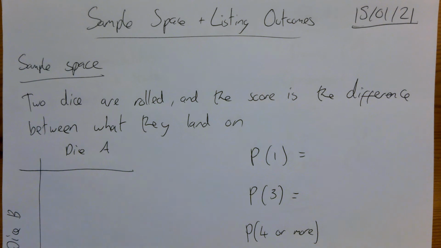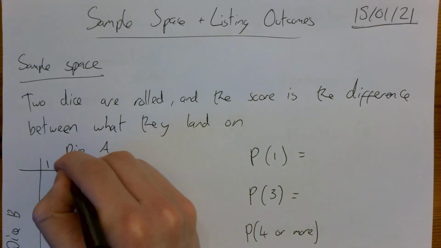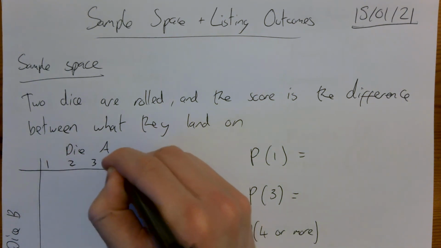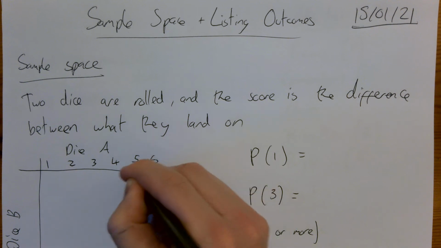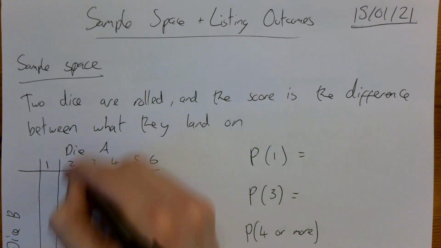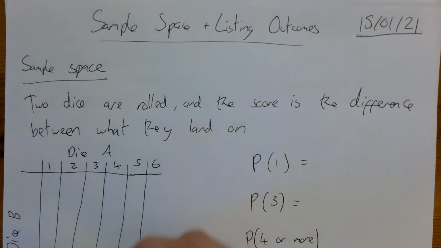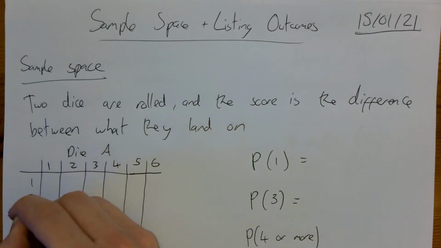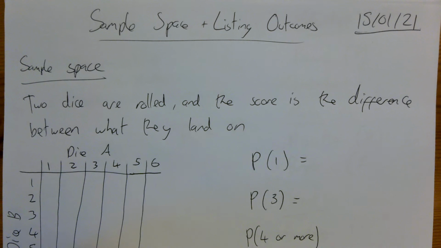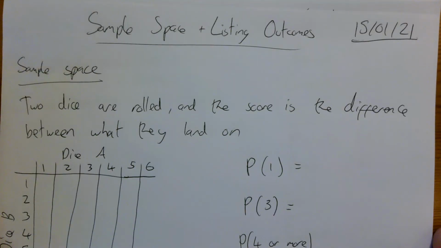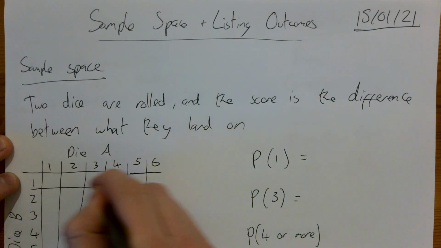So they're normal dice. Dice A, you can get 1, 2, 3, 4, 5 or 6, and dice B you can get 1, 2, 3, 4, 5 or 6. They're the 2 different possibilities.